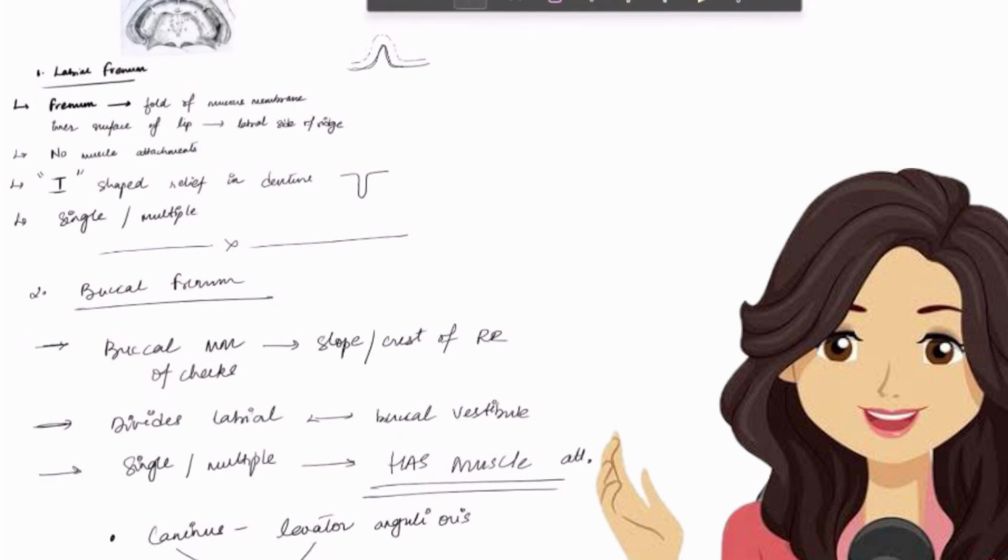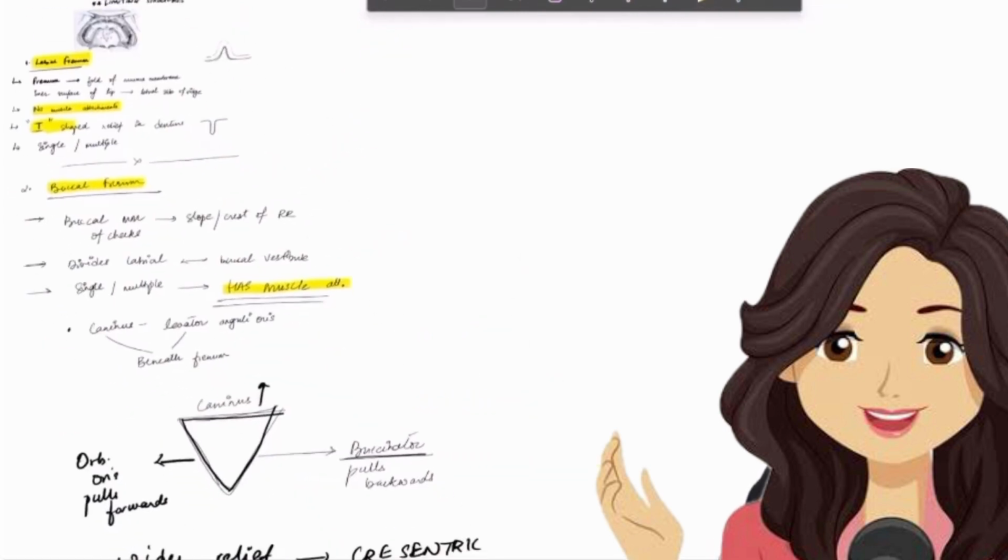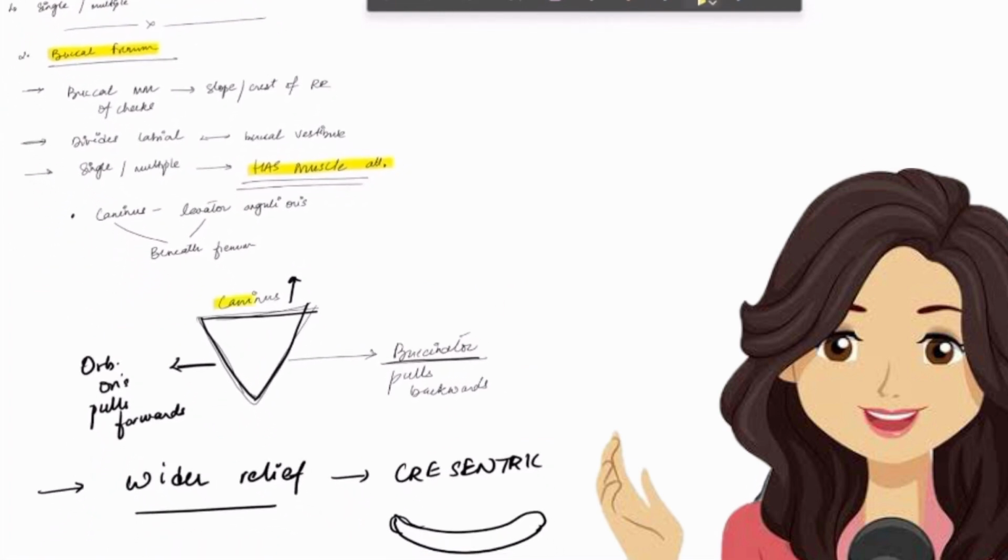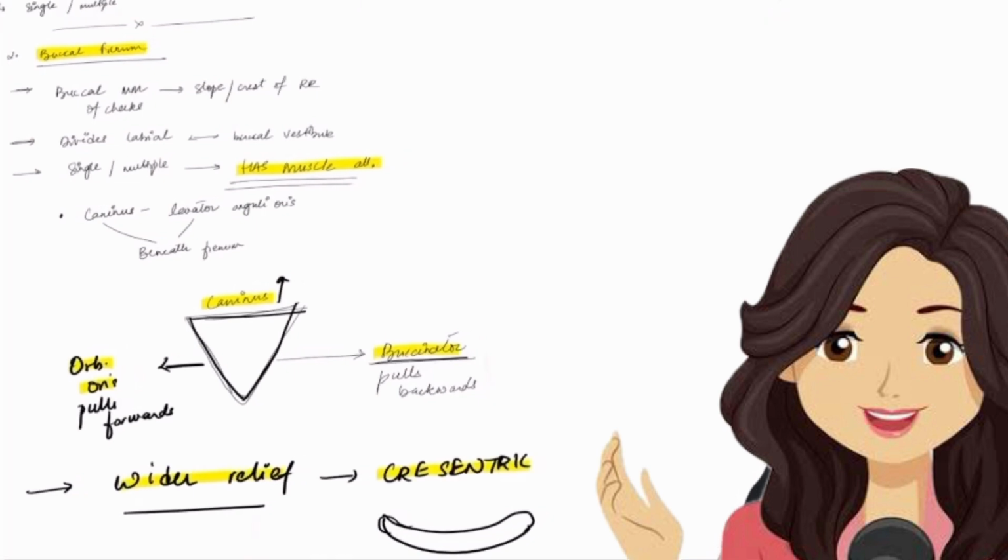We saw mainly two frenums, the labial frenum and the buccal frenum. Labial frenum: I-shaped relief and no muscle attachments. Buccal frenum has muscle attachments, mainly the three muscles we have seen here: caninus, buccinator, orbicularis oris, and you need a wider crescentic relief for your buccal frenum.